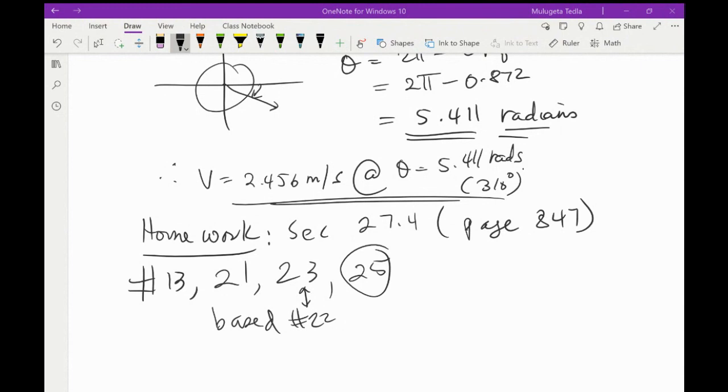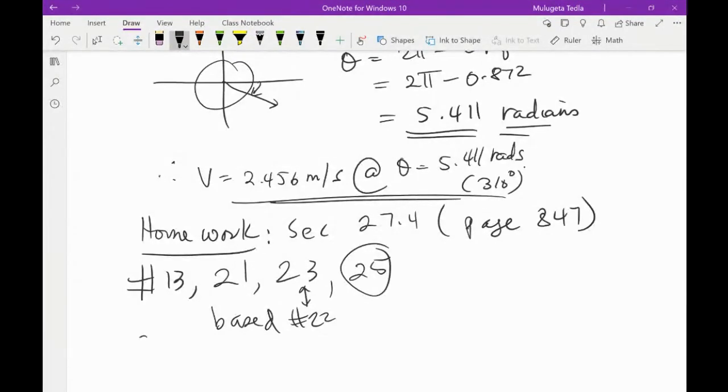I will post homework for week 10 right now after we finish. Don't worry about it. I want to think about what I'm going to assign first. Sir, you gave us the homework in 27.2, but for 27.3 you didn't give us. Okay, it's okay. You will find it on Blackboard.